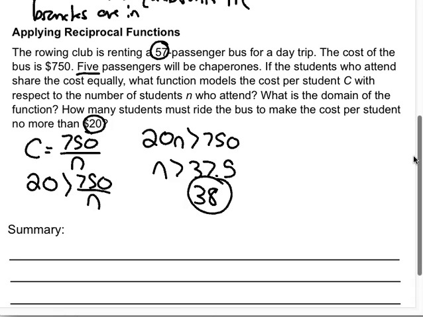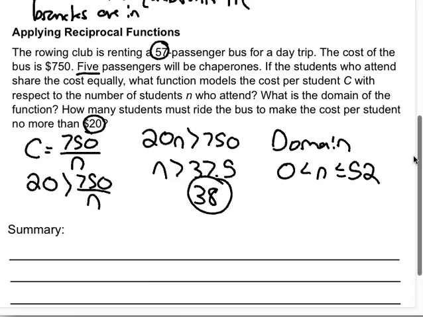Okay, so the domain of the function is we can have no kids up to 52, okay?